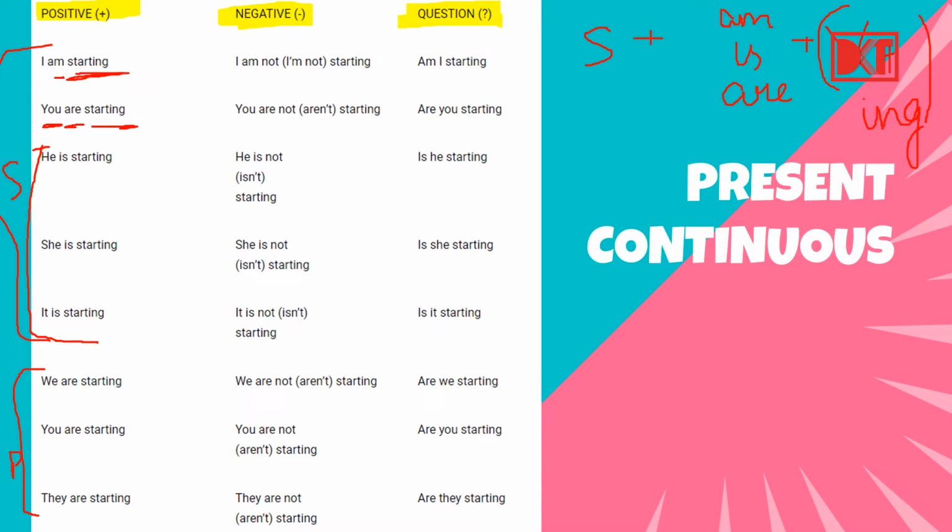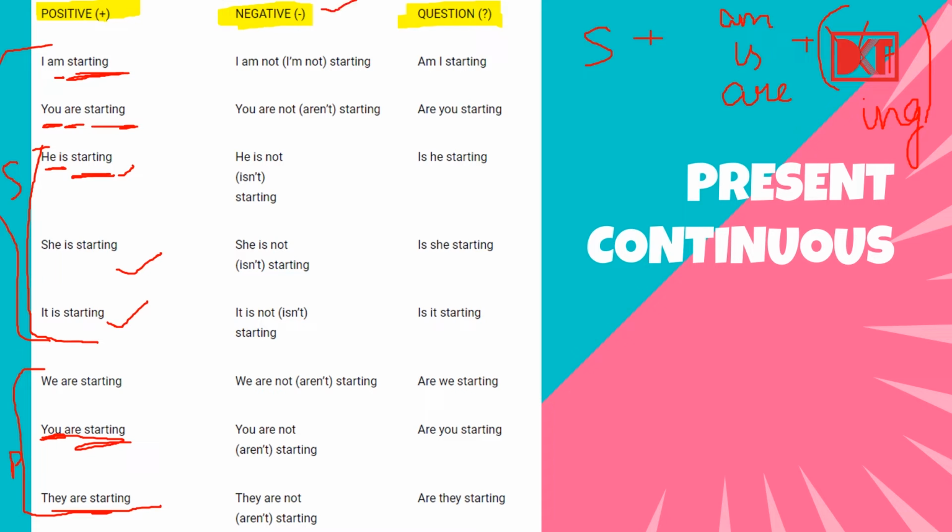Then for the third person, subject and is, and verb plus ing. He is starting, she is starting, it is starting. Then for the plural, first person, we are starting, verb plus ing. Then the second person, you are starting, and the third person, they are starting.